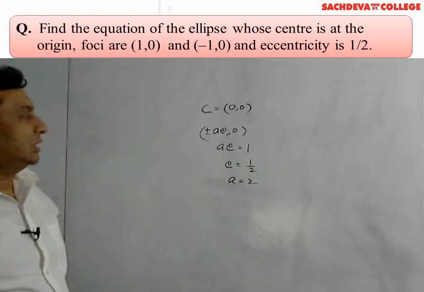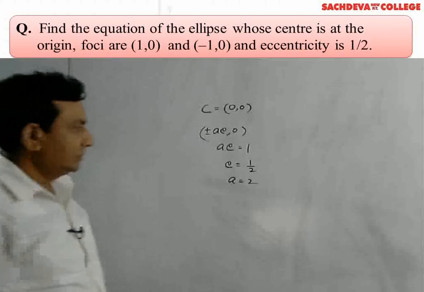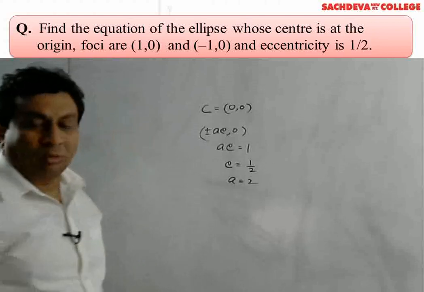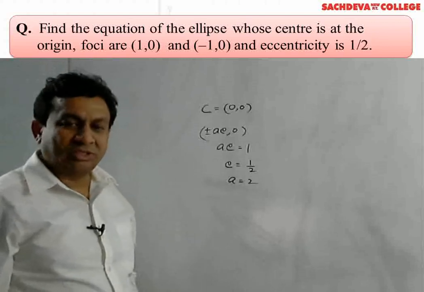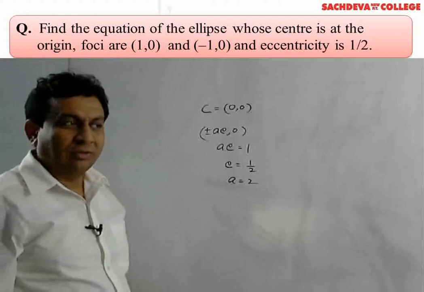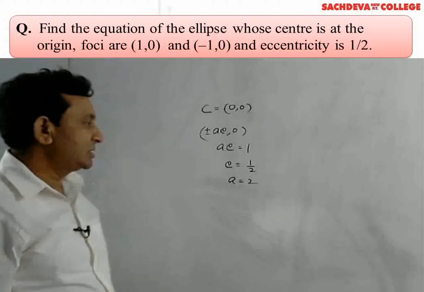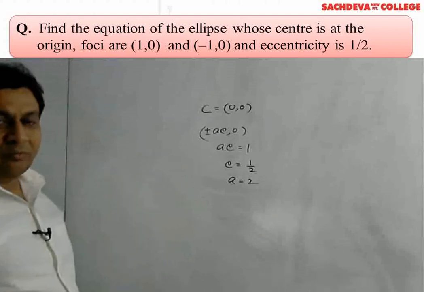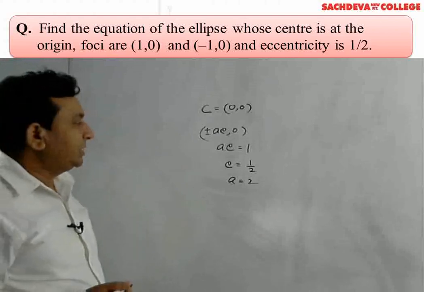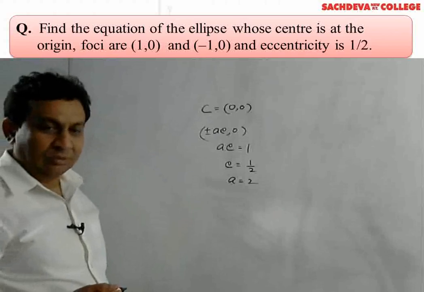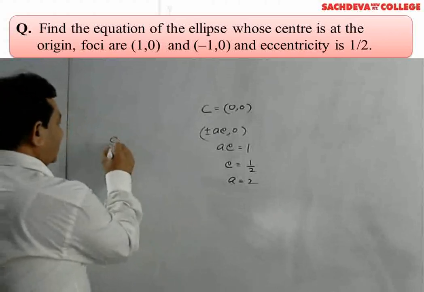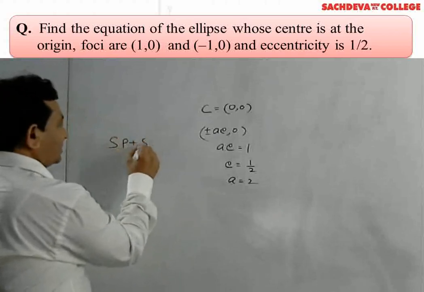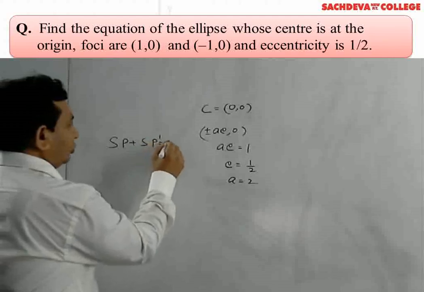But using the definition of ellipse, we know that it is the locus of a point whose sum of the distances from two fixed points is a constant. It means if S and S dash are the focus of the ellipse and P is any point on the ellipse, so SP plus SP dash will be equal to 2a.